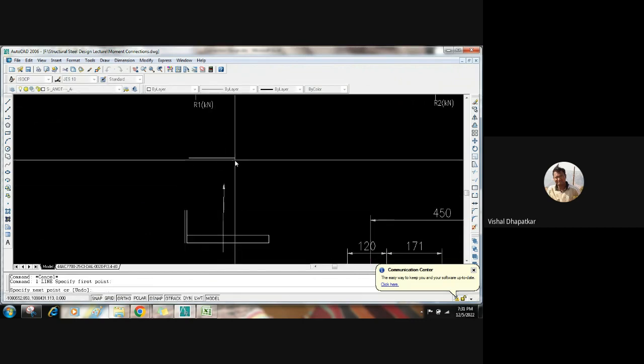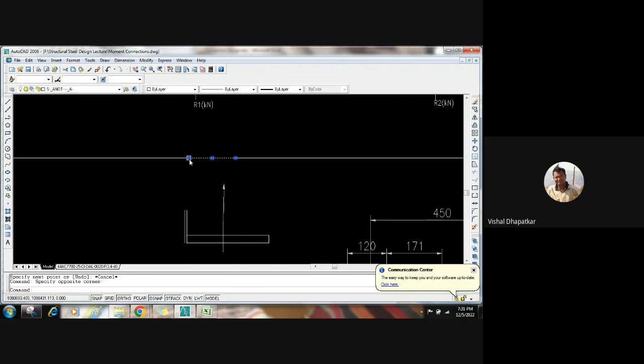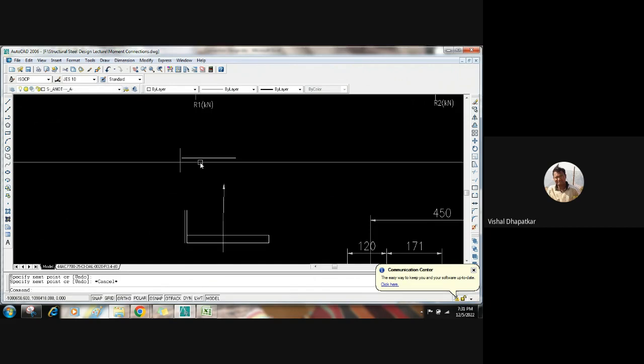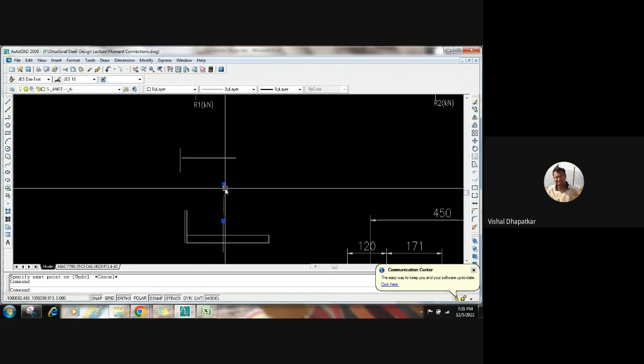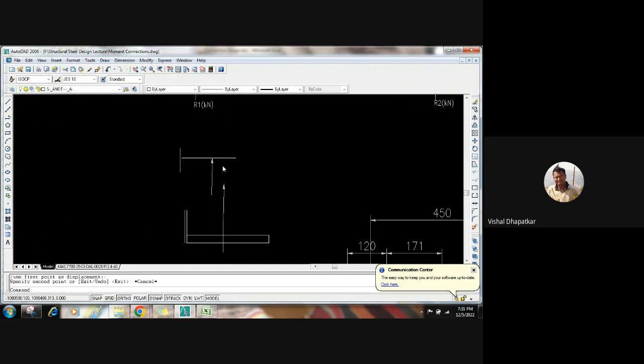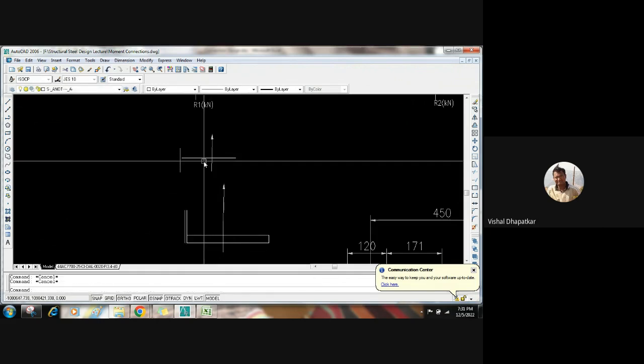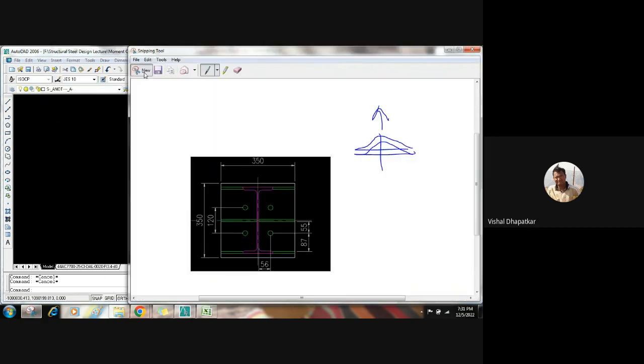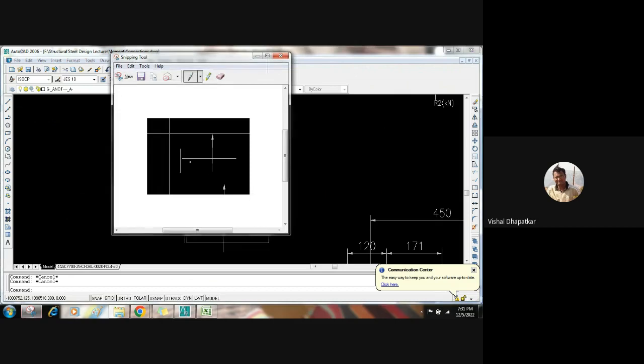So if we draw a free body diagram, this is my cantilever beam, and it will have the load acting in this direction. So we just need to work out the deflection. How will the deflection be? The deflection will be somewhat like this, right?